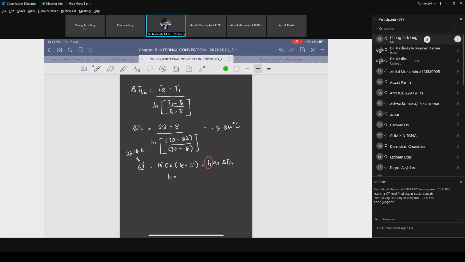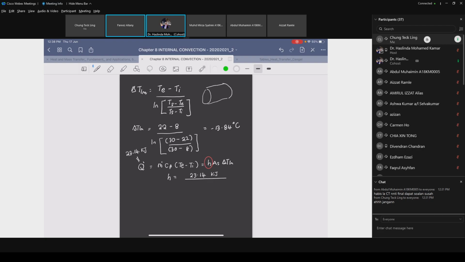23.14 kilojoule. Okay, so 23.14 kilojoule. Lepas tu apa? Surface of the cylinder. How to calculate the surface area of the cylinder?